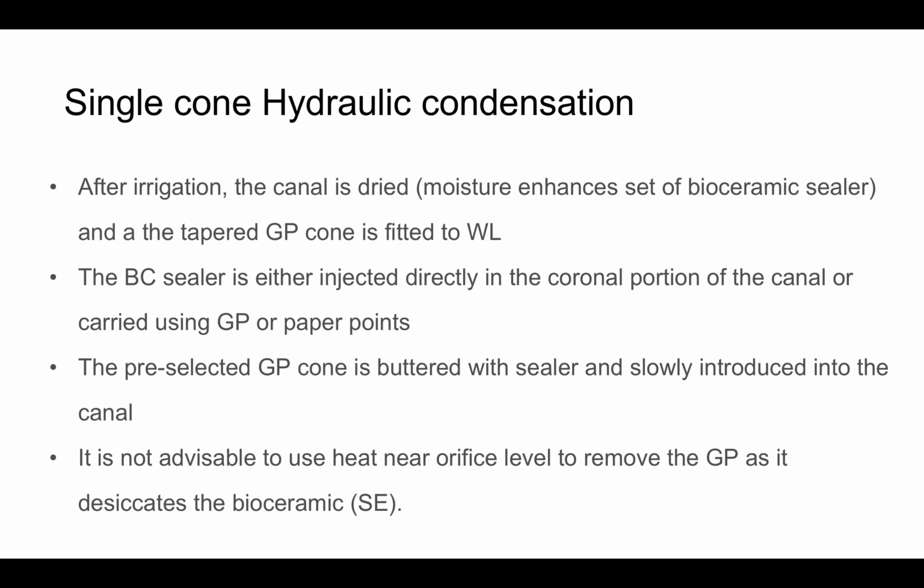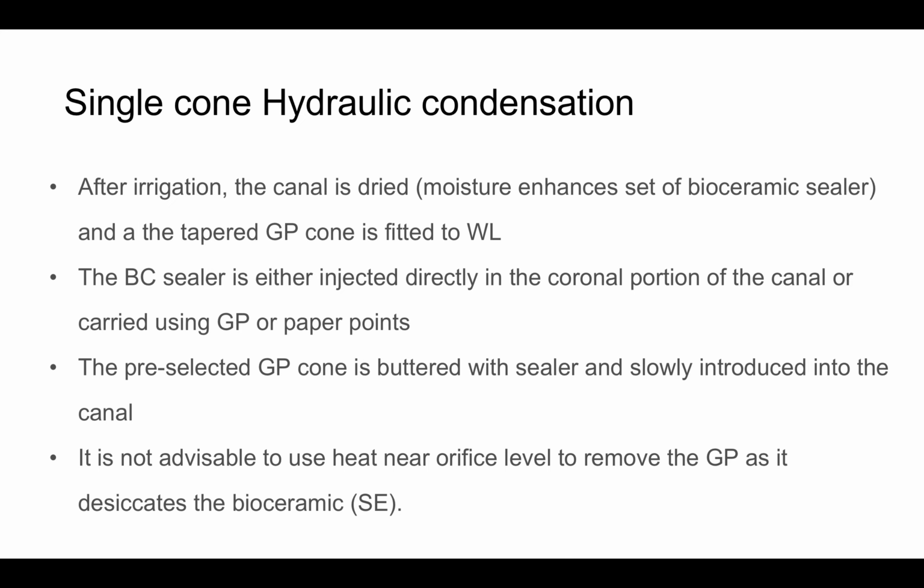After the fit is confirmed, the gutta percha cone is retracted, and then the bioceramic sealer is either injected directly in the coronal portion, which is only recommended when there is good illumination and magnification, either loupes or microscope, because you need to see how much you are injecting into the coronal portion only.